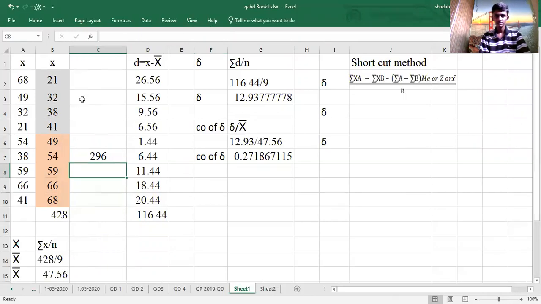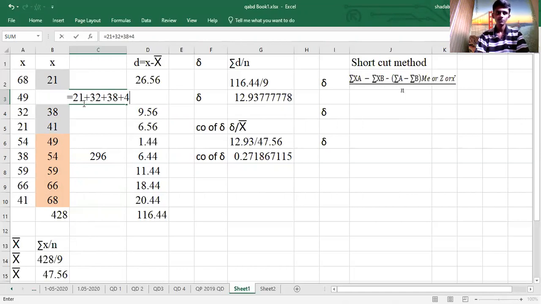We have 4 such numbers: 12 plus 21 plus 32 plus 38 plus 41, that is 132. We got the sigma xb value. What is sigma a? The total count of numbers higher than the average. Just count: 1, 2, 3, 4, 5. So 5 will be our sigma a. Sigma b: 1, 2, 3, 4. So 4.